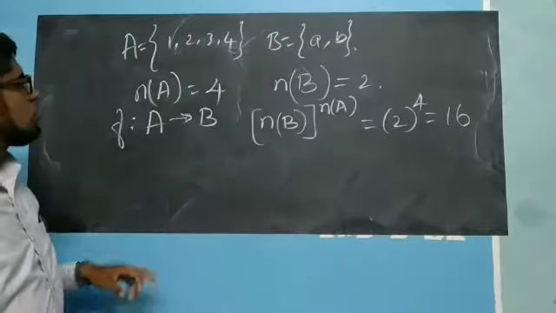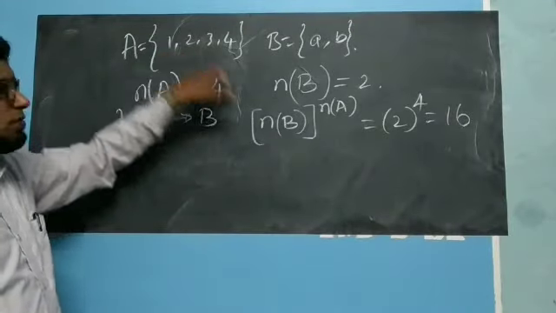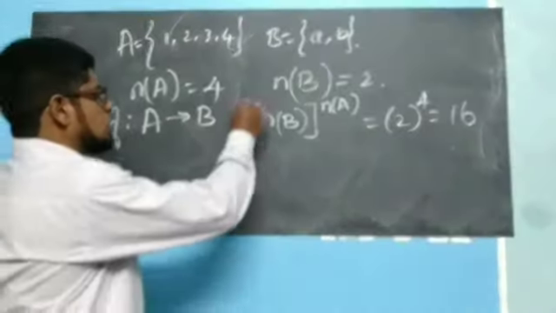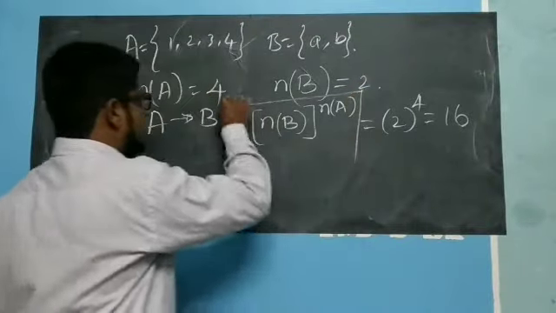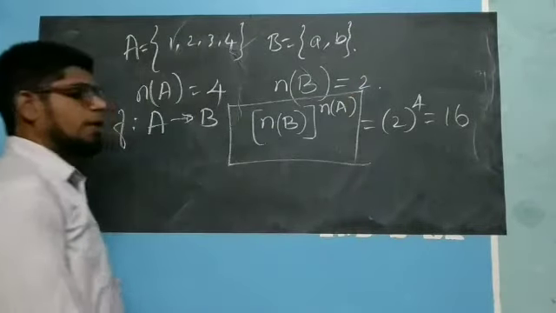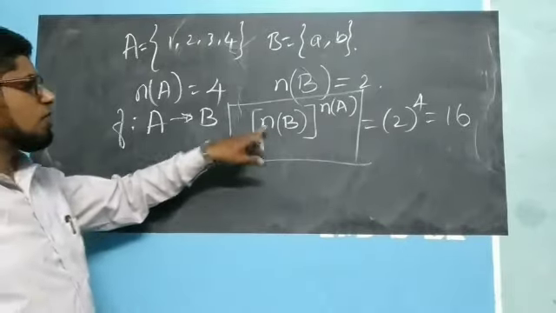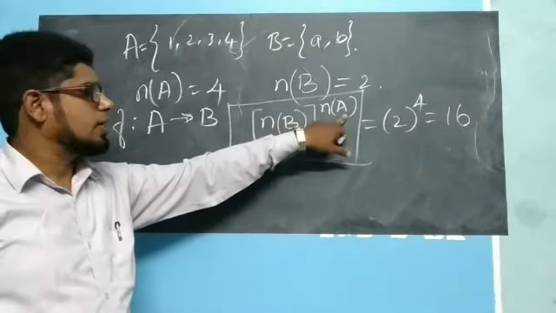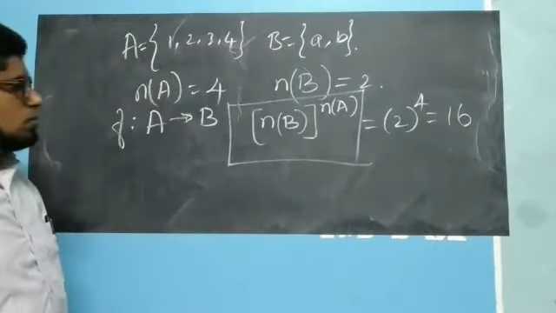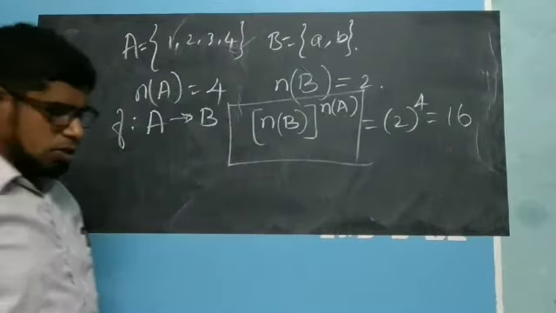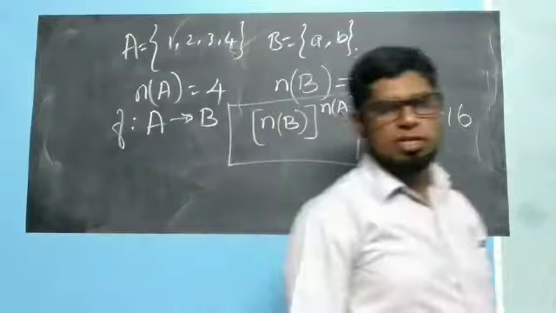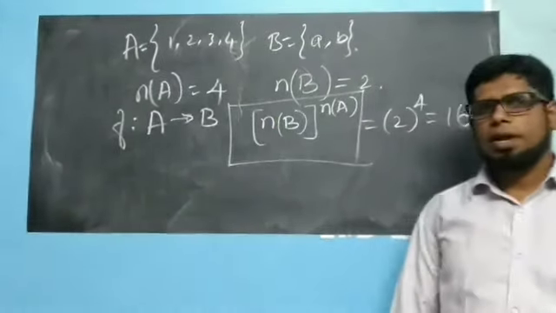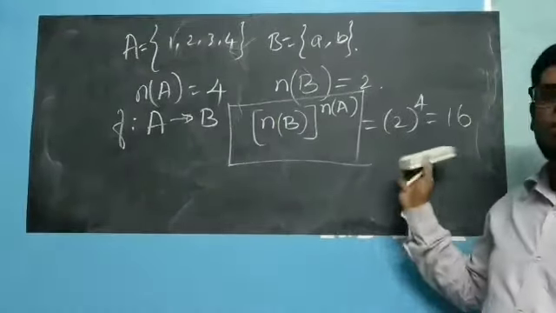So to find the total number of functions we use n of B whole power n of A, that is, the number of elements in set B power the number of elements in set A. I hope you understand the basic definitions of functions, domain, codomain, range, and how to find the number of functions.